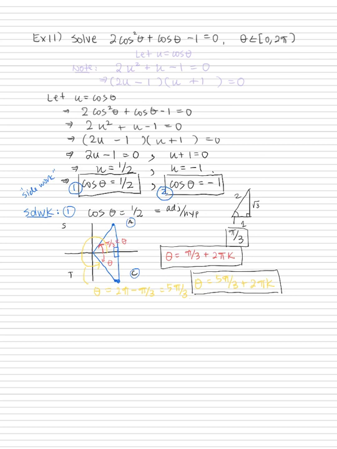Now we still have to deal with the equation for circle 2. So side work for circle 2: we have cosine of theta equals -1. If I have sine or cosine equaling -1, +1, or 0, I usually look at the graph, but you can determine this however you like.